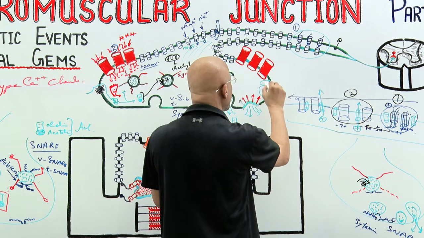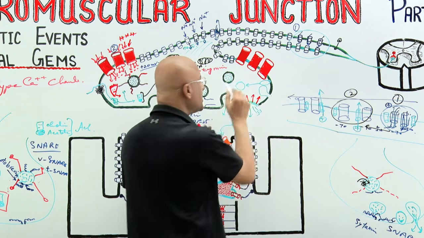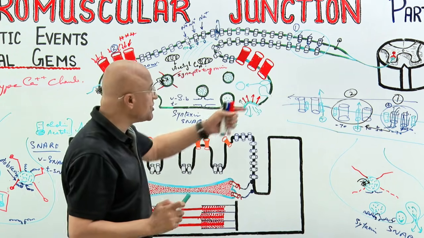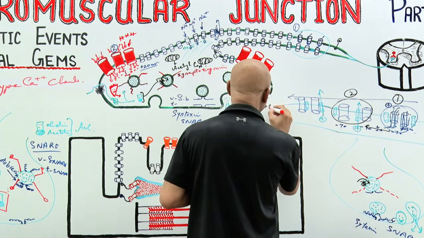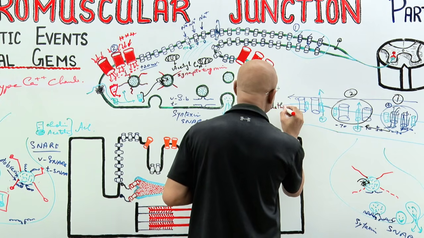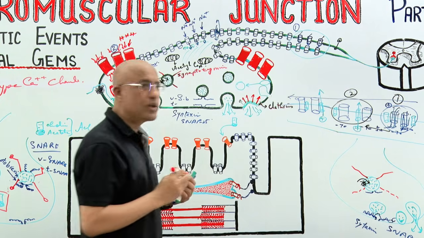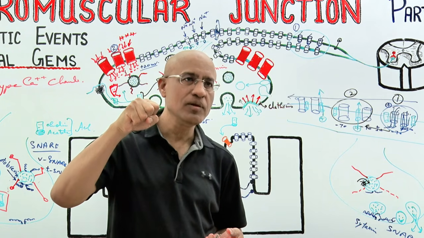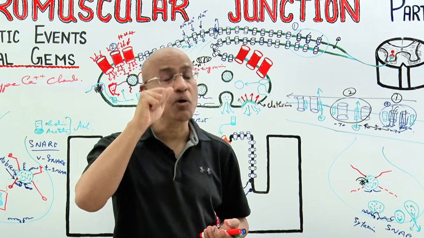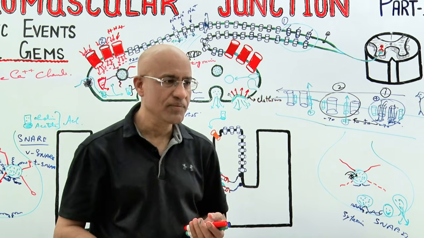And eventually it will go in. Empty vesicle. Now these proteins are called clathrins. What are these called? Clathrins. So the function of clathrin is to reclaim the vesicular membrane with all its specialized proteins.